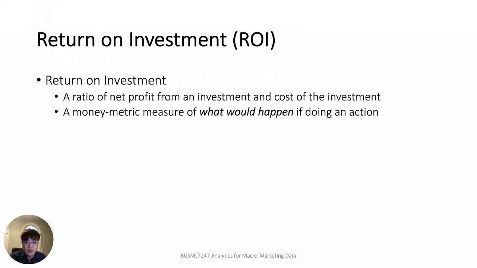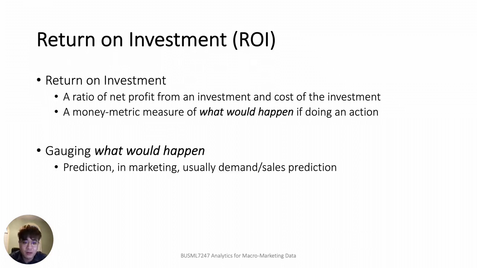More generally, we can say that ROI of an action is a money metric measure of what would happen if doing the action. In the A/B test example, the manager observed the conversion rate in her experiment. All other things being equal, the conversion rate is the measure sufficient to gauge what would happen to the store's profits.